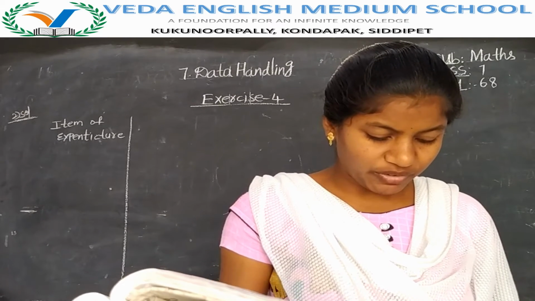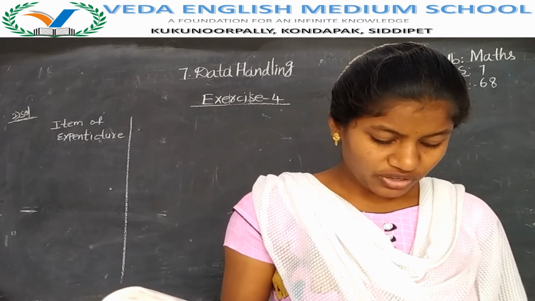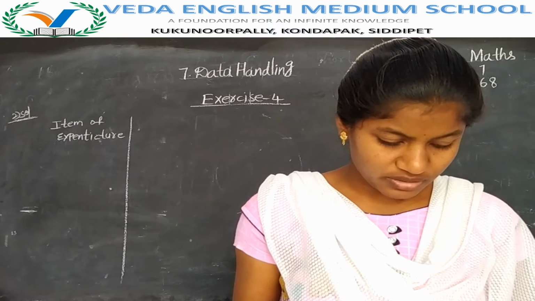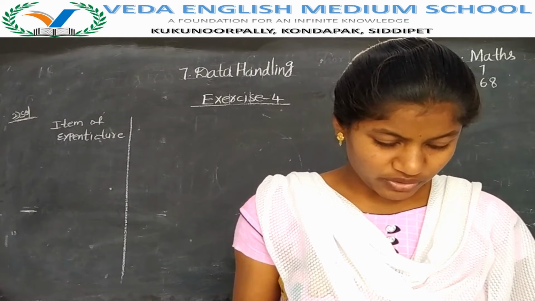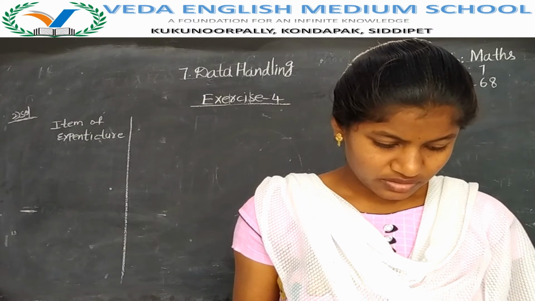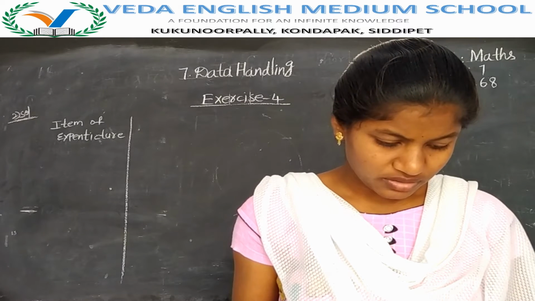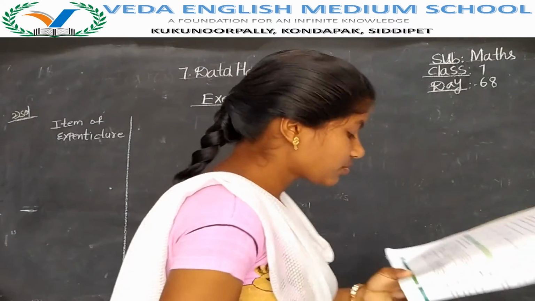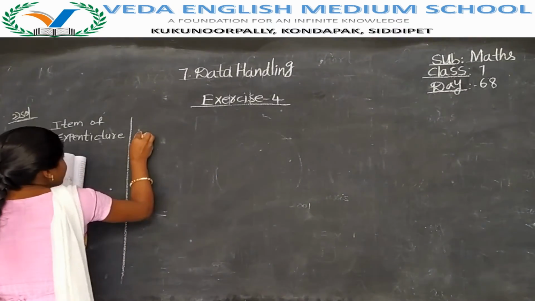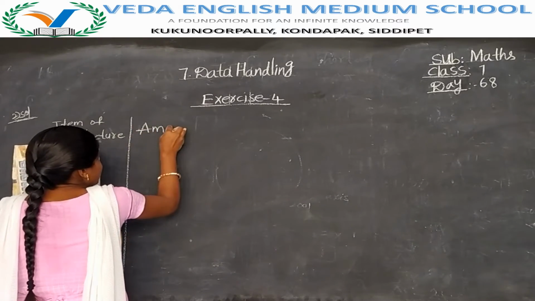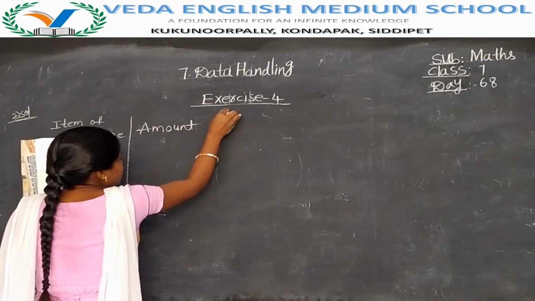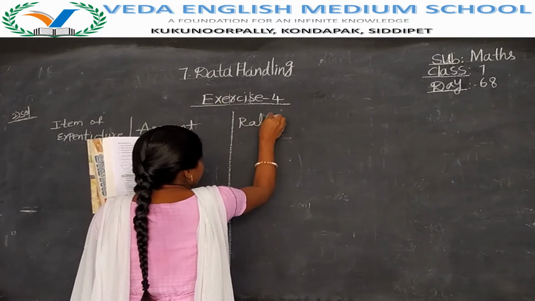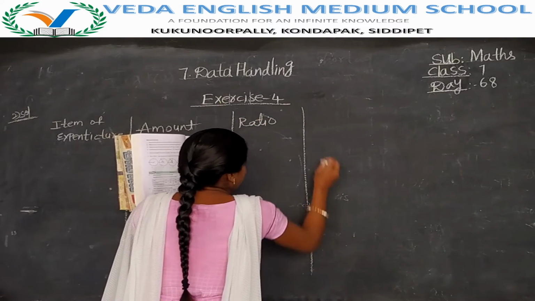We have to take item of expenditure, amount, ratio, angle. Like that we have to take and find the solutions. First amount, next ratio, last angle.